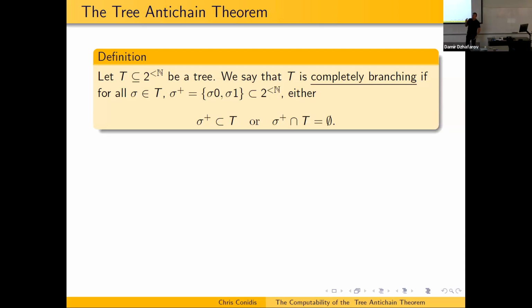What I mean by completely branching is that typically in a binary branching tree, you're allowed to have 2 children, or 1 child, or 0 children, in which case you're a leaf. In these completely branching trees, either you have 2 children above you, or you are a leaf. You're not allowed to only extend by a single node. You either have to branch, have 2 children above you, or else you're a terminal node.